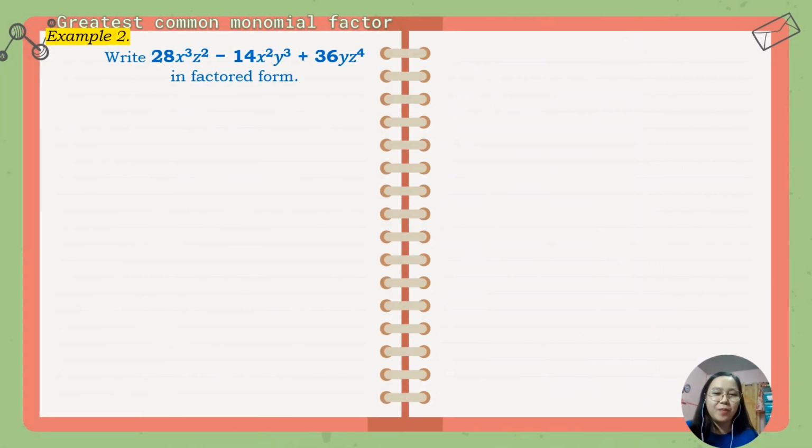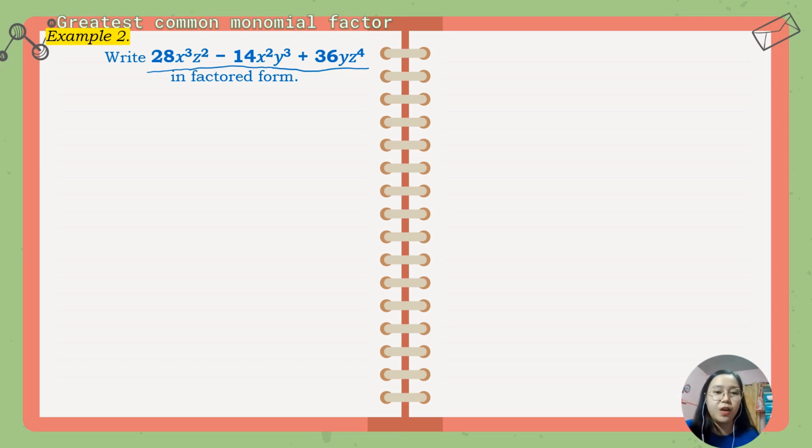Have another example here. So, 28. Malakihan na to. Pero kayang-kaya yan. 28x squared, z squared. Ay, cube pala yun. So, 28x cubed, z squared, minus 14x squared, y cubed, plus 36y, z raised to 4.